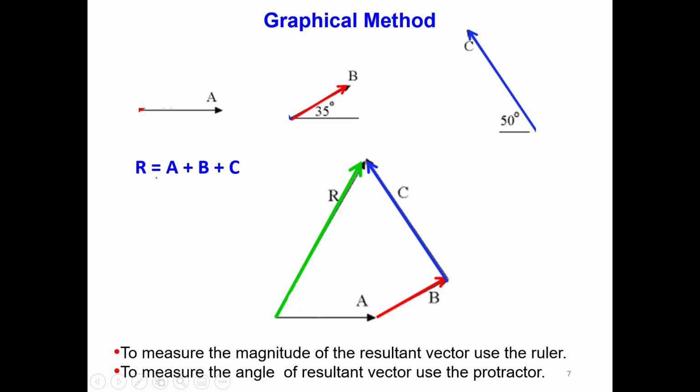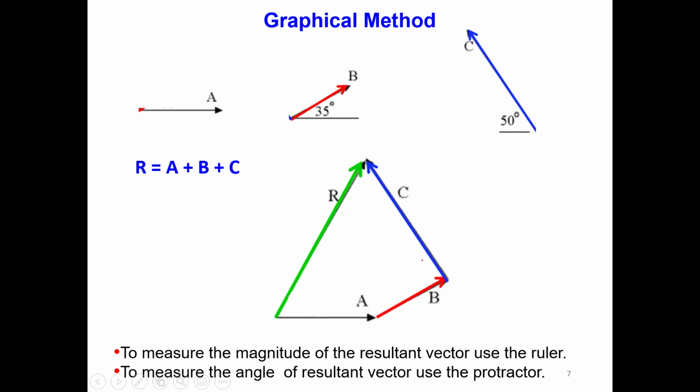And we want to find the resultant vector A plus B plus C. Then step number 1, we draw the first vector, this one. On the head of the first vector, we draw the second vector, vector B. Then the tail of this one will be on the head of the first vector.